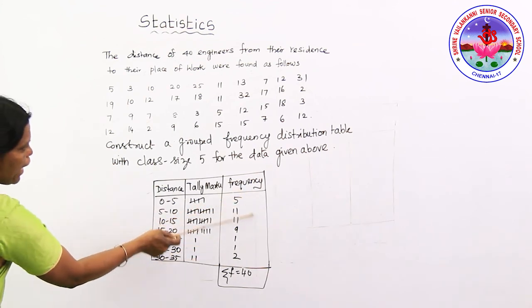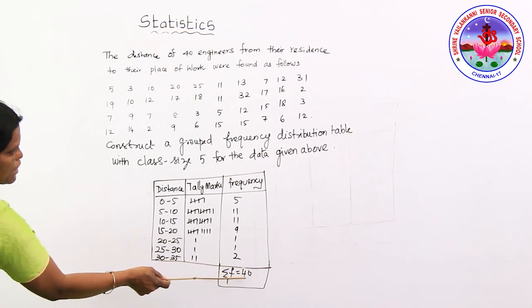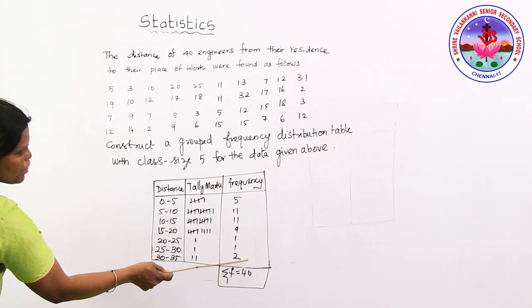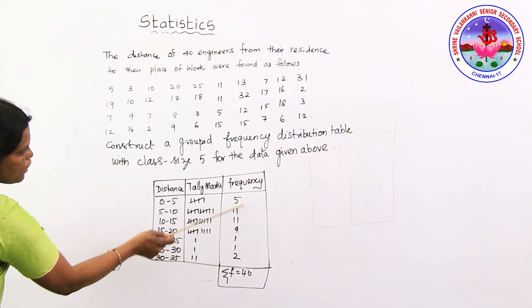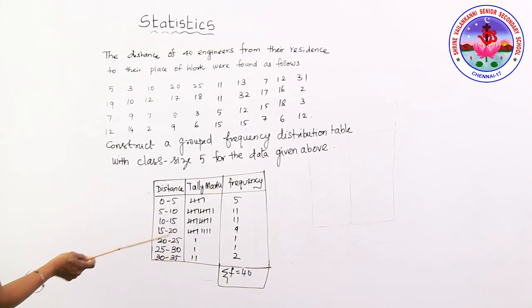When I add these frequencies, we get the summation of frequency equal to 40, which represents the number of engineers. So we have distributed the engineers according to the distance intervals we took, that is a grouped table.